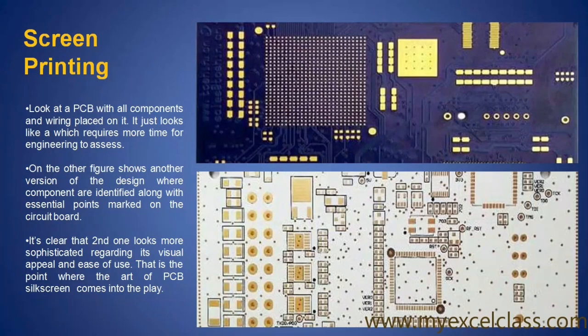So for better identification, you add the component name on your board. Here is the soldering mask of this component, and at the bottom of this symbol you put the name of this component, or the value, some resistor or IC name.